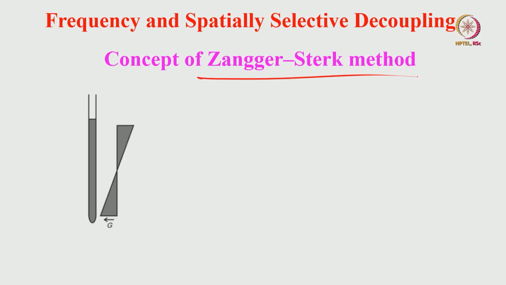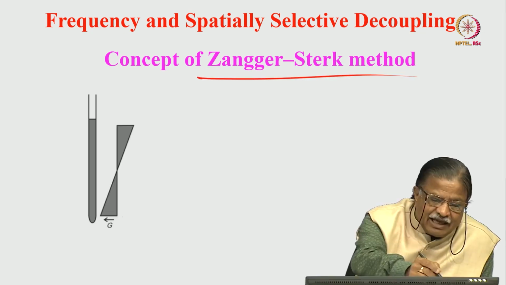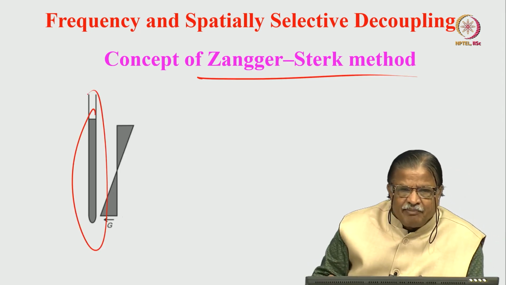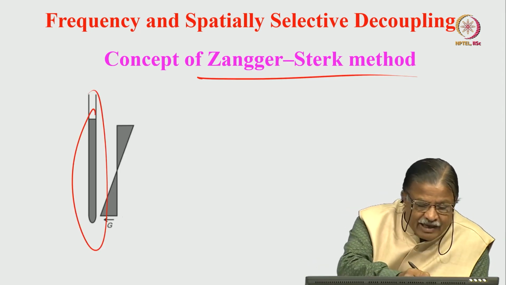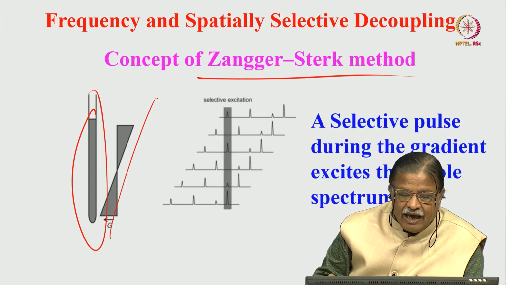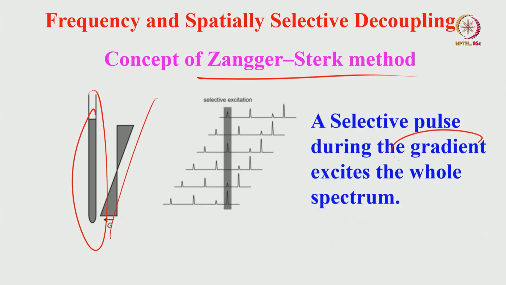Frequency and spatially selective decoupling one can do by a concept called the Zangger-Sterk method. This is a very famous experiment given by the scientists Zangger and Sterk. In the NMR tube, apply a gradient along this axis, and then a selective pulse during the gradient. Then what happens?